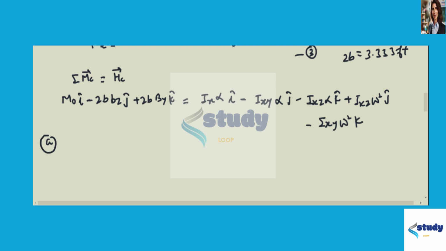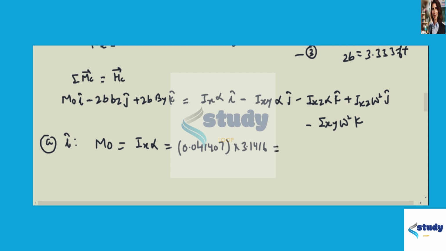If we take the component of i cap, you will get M0 to be equal to Ix into alpha. Ix already we have calculated, alpha we have calculated, substitute the given values. So you will get 0.041407 into alpha, that is 3.1416.